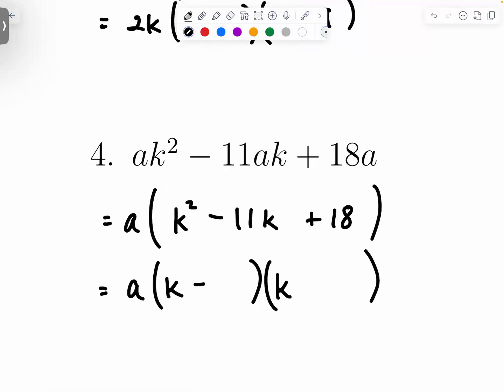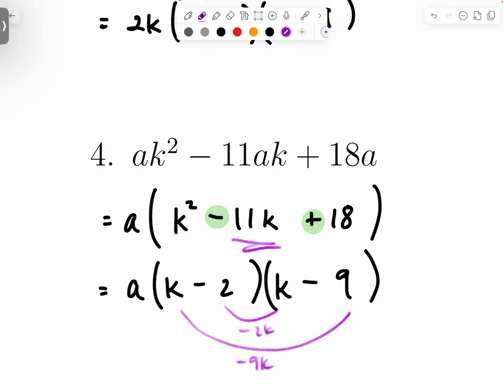It's going to be minus and minus because that's how you get plus and minus. It's 2 and 9. It has to be 2 and 9, because when you do the inner and outer, it is negative 9k and then negative 2k. You combine them, ta-da, negative 11k.